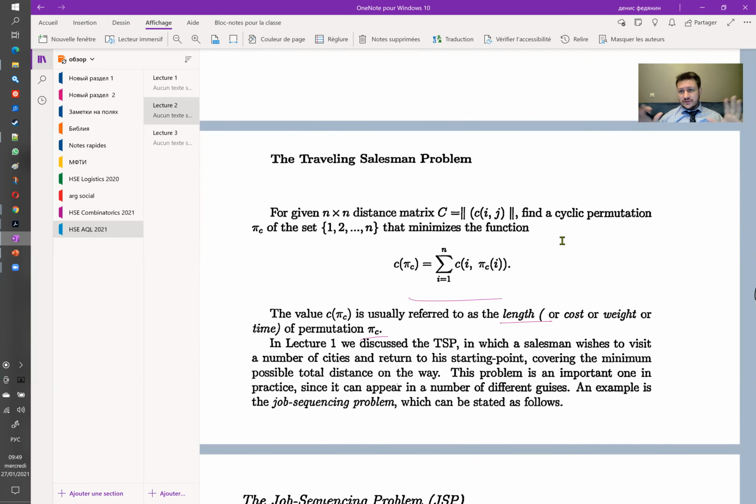So we had a distance matrix, and we have cities, and we had to find a permutation. So it's an ordering on this set of cities. We want to visit every city only once, and we want to have the total sum of edges to be minimal.